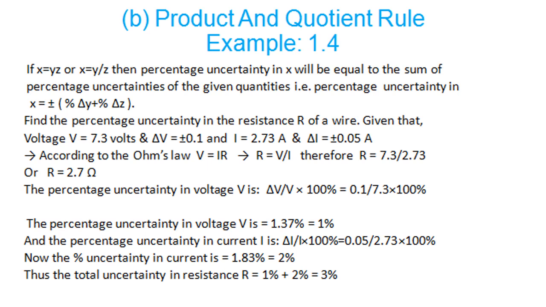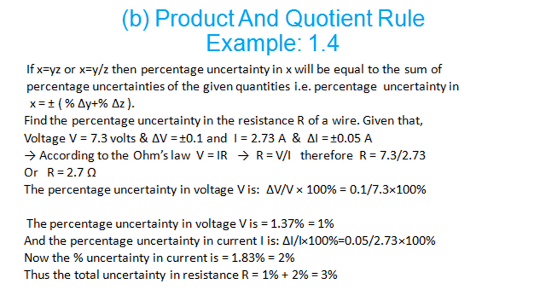Now come to the example. Find the percentage uncertainty in the resistance R of a wire given that voltage V is equal to 7.3 volts and uncertainty in voltage, that is the least count of the voltmeter, is equal to plus minus 0.1 volt, and the value of current is equal to 2.73 amperes, while the least count of the ammeter is plus minus 0.05 amperes.